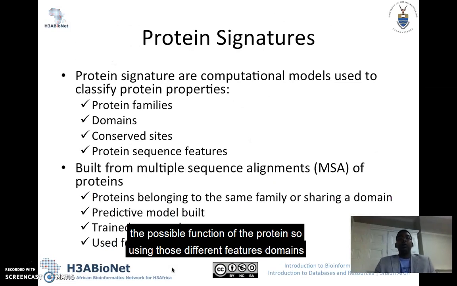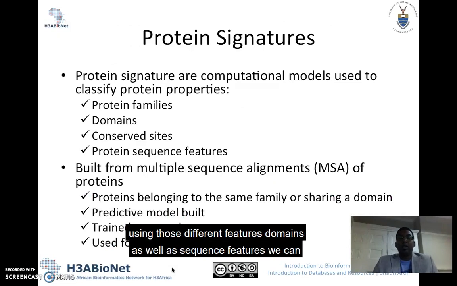Using those different features, domains as well as sequence features, we can use that information to annotate or identify the function of a novel protein for which we do not know what domain or functional elements are contained in its sequence.